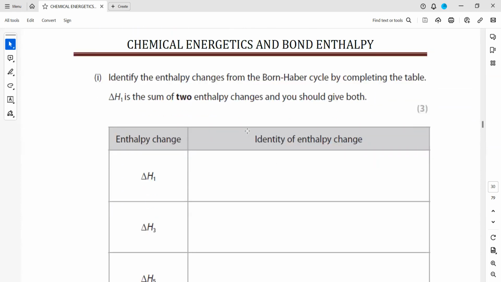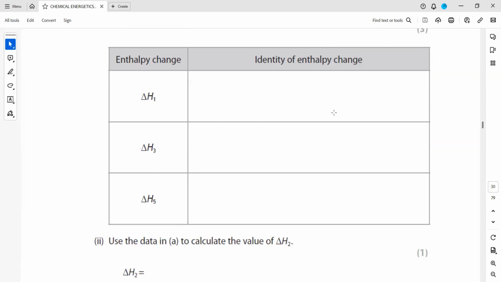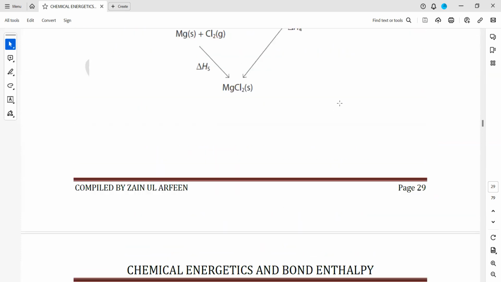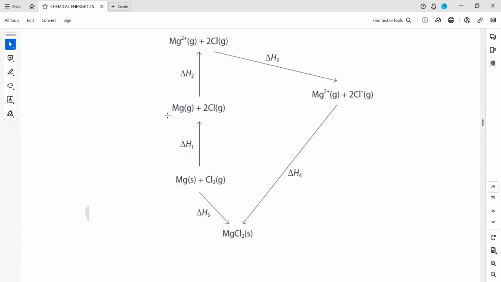Identify the enthalpy changes from a Born-Haber cycle. Delta H1 is the sum of two enthalpy changes, and you should give both. So what is delta H1, delta H2, and delta H5? What is delta H1? Look, in delta H1, we convert solid magnesium into magnesium gas. So this is the atomization of magnesium.